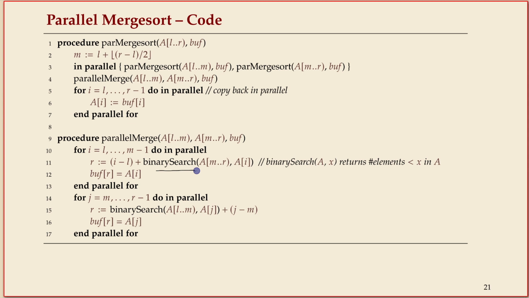Here I'm assuming that this binary search returns exactly the number of elements smaller, for searching this element in this array. Now the binary search we do sequentially. There's no fancy thing happening parallel-wise.